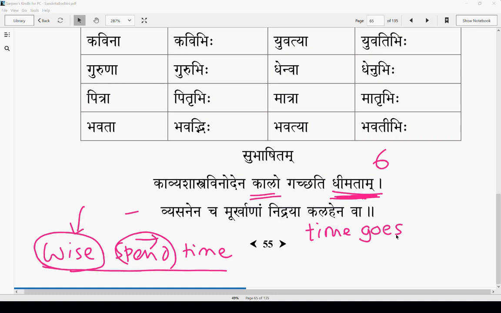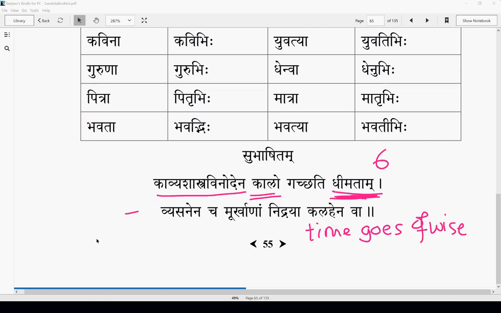So for now, let's keep it literal. Okay. Time goes. For wise people. Of wise people. Of wise. Kavya Shastra Vinodena. Discussion of poetry science. So again, we don't want to bring of here because it is Vinodena. By. I'll just put poetry discussion.